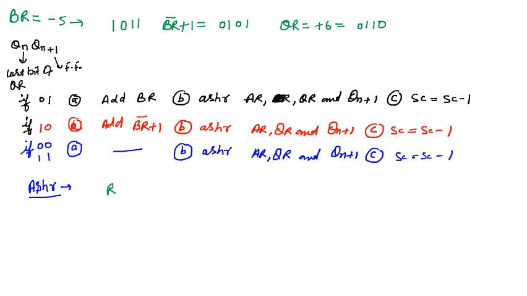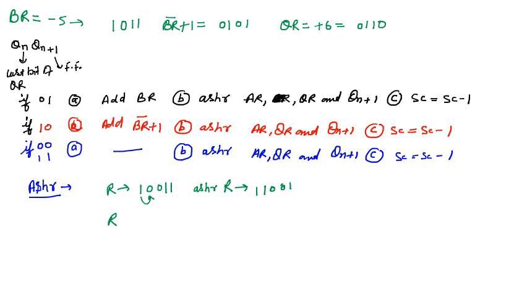So let there be a register R having the number 10011. After performing arithmetic shift right R, we will get the value 11001. Means after shifting, this value will again come at this place.